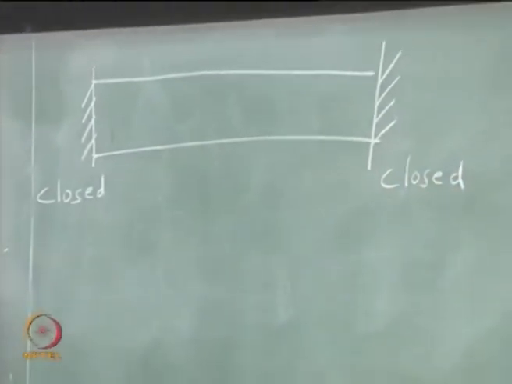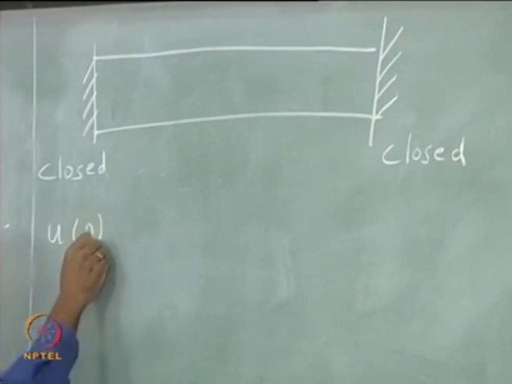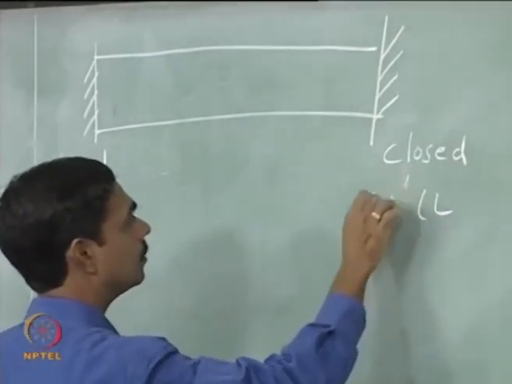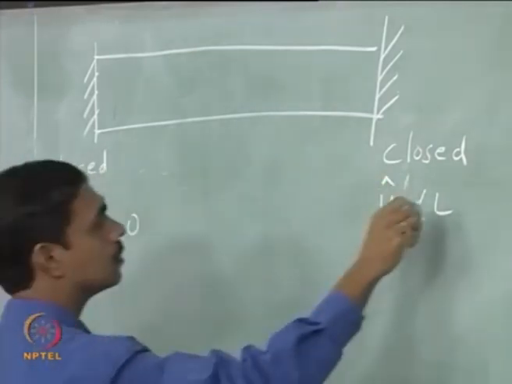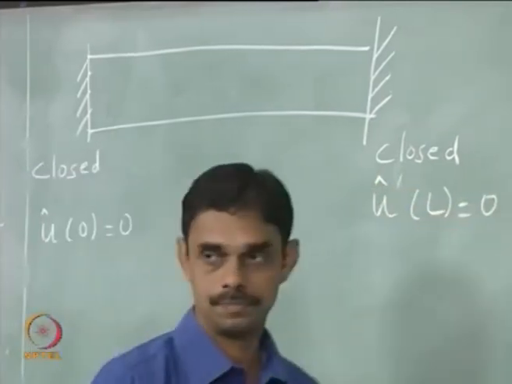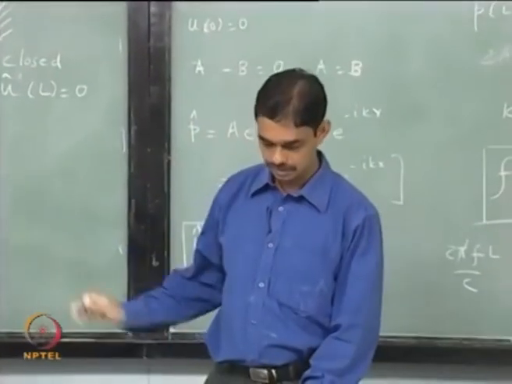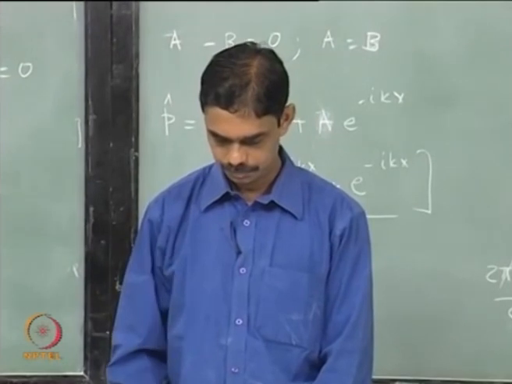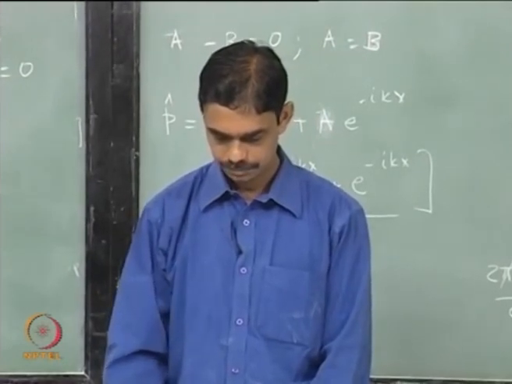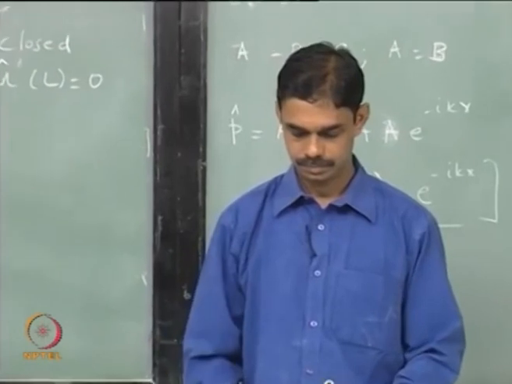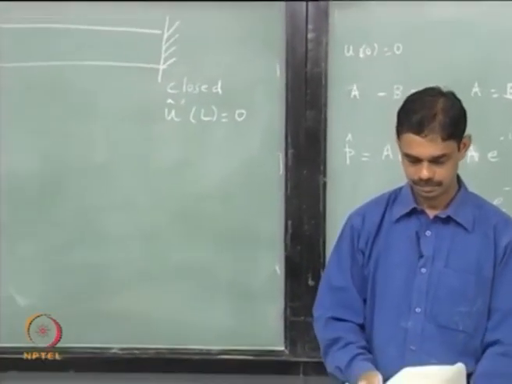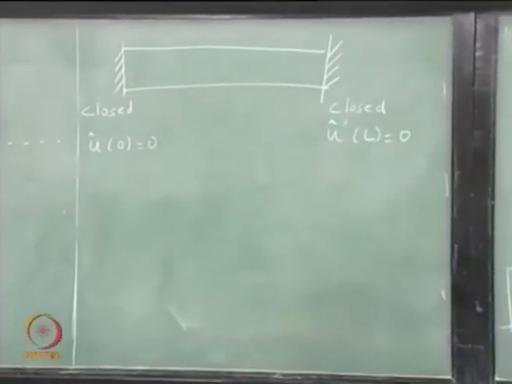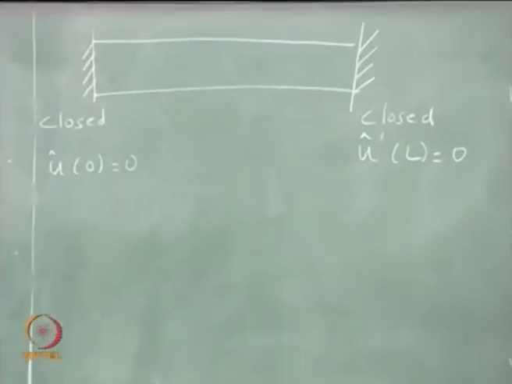So the boundary condition would be u of 0 equal to 0, and here will be... so can you try to work this out? I'll pause for 2 minutes to see if we can work it out, and then I'll do it.